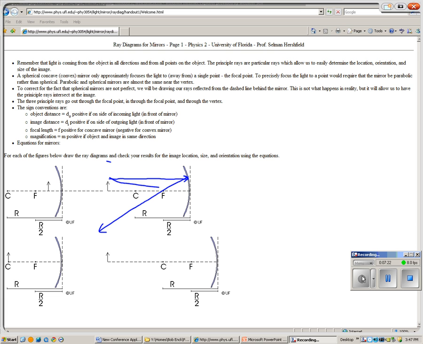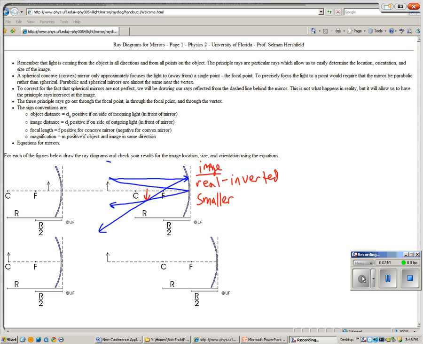So I draw it, it comes down, hits the vertex, bounces off, angle of incidence equals angle of reflection, and my image ends up forming right here. And the image itself ends up being real because it is inverted, and it ends up being smaller than the object.